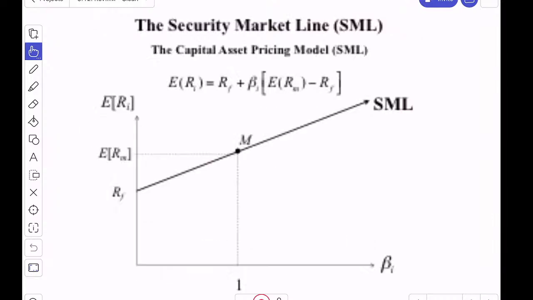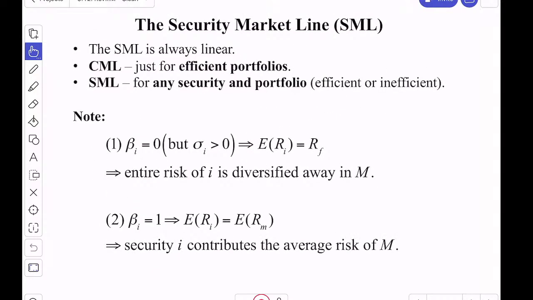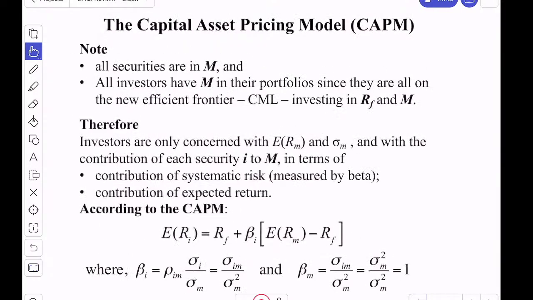So CAPM is on the test, but not the portfolio market theory. And then next week I'm going to talk about Markowitz. That won't be on the test, but we'll talk about it.